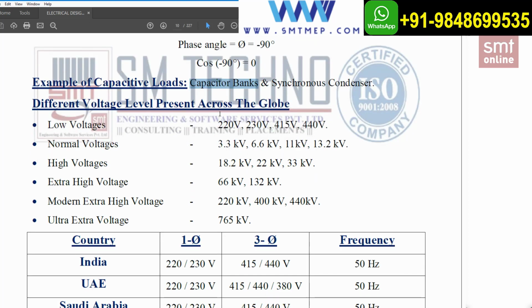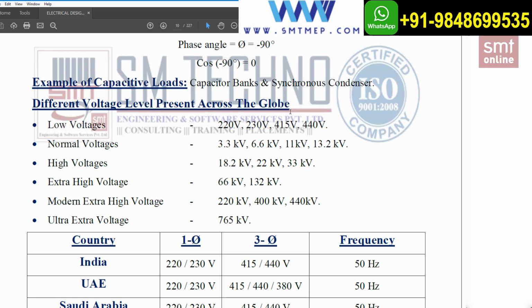Next we can see the different voltage levels present across the globe. In different countries, in different areas, we have different amounts of voltages. For example, low voltage means the voltage which lies between 220 volts, 230 volts, 415 or 440 volts.